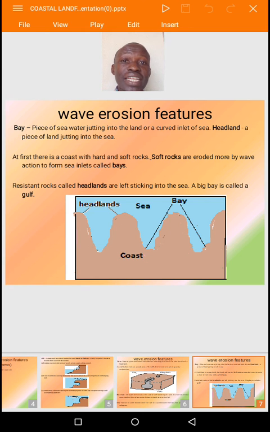Definitely the headland is at that point where the rock is resistant or hard. Then the bay is at that point where the land is soft. When it is extensive, the bay is called a gulf.